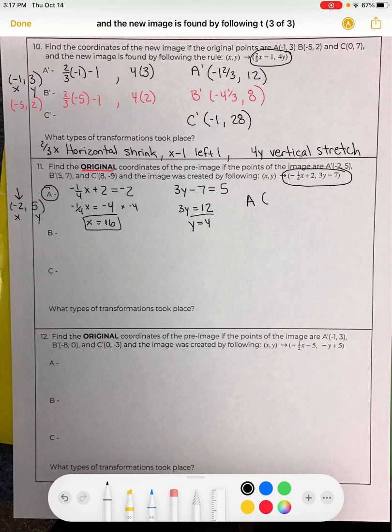So the original A value was 16, 4. And there are times when you're going to get fractions. I think both the B and the C on this problem we get fractions, but let's go ahead and set them up. The new B value is 5, 7. So that's what I want these equations right here to equal. So -1/4 x, that's a bad x, let's erase that.